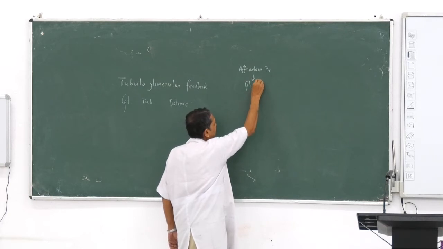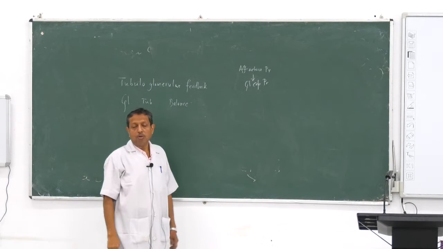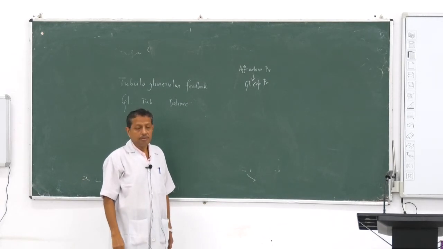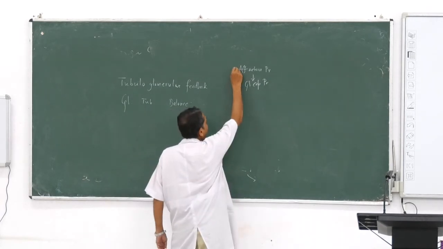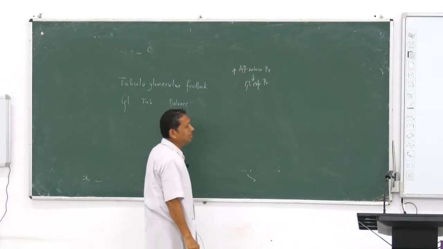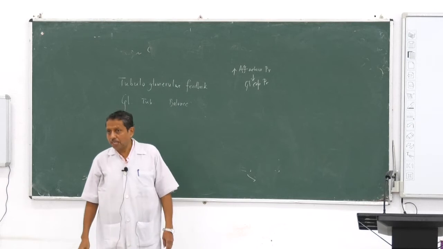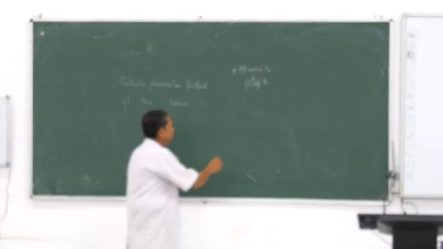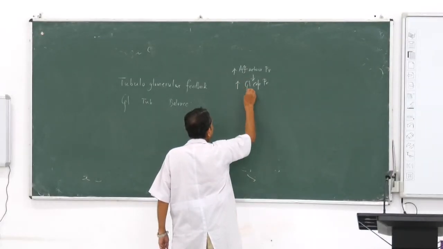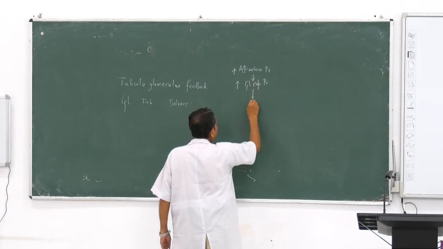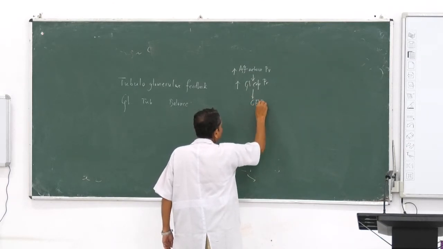Suppose there is an increase in the afferent arteriolar pressure, and then there is an increase in the glomerular hydrostatic pressure, the capillary pressure. Then the GFR, glomerular filtration rate, will increase.